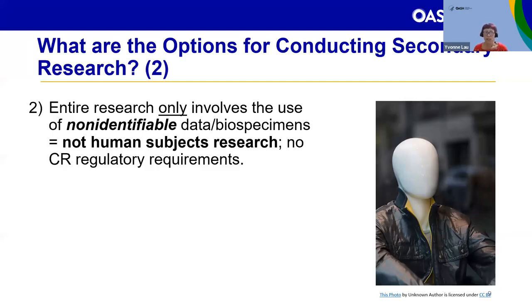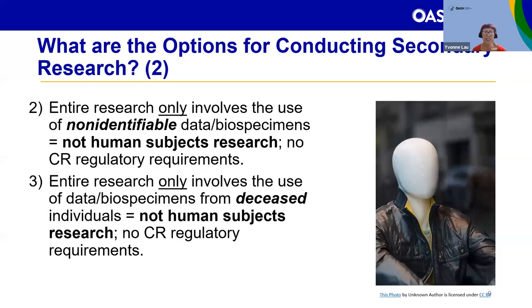So it's not identifiable here, so it's not human subjects research. And when it's not human subjects research, basically you stop there. You don't even have to look further to see whether other common rule regulatory requirements apply. You just stop. We don't have to consider the rest anymore, right?